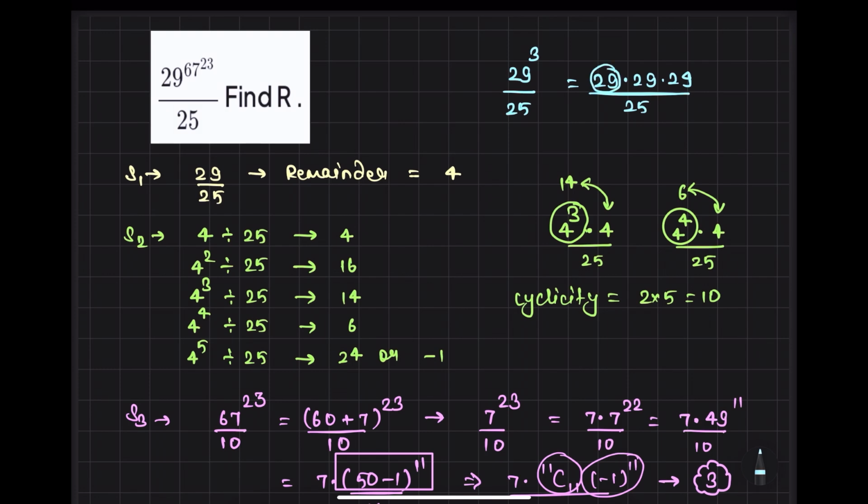If we divide 29 by 25, we get remainder 4. So 4 into 4 into 4 is 64. 64 divided by 25, you know the remainder would be 14, because 25 into 2 is 50, so we are left with 14. So the required remainder is 14.